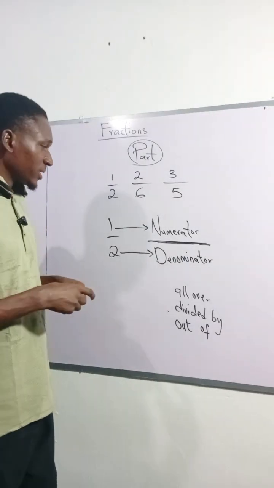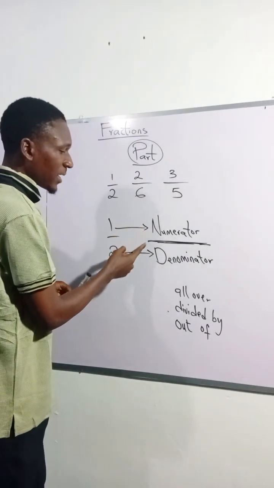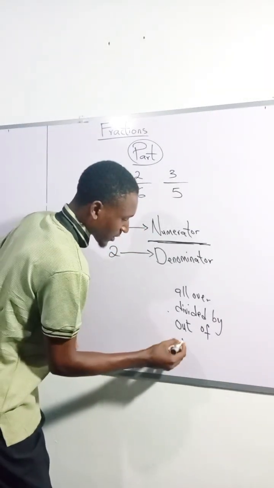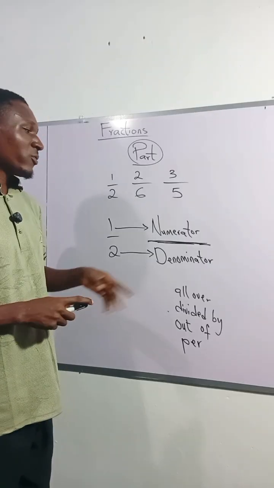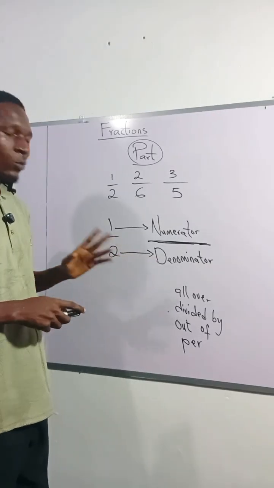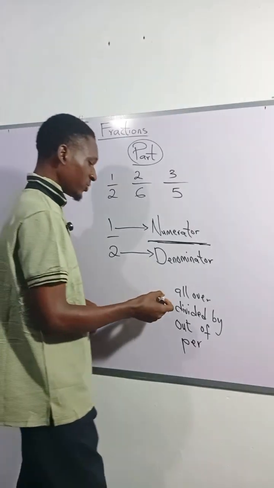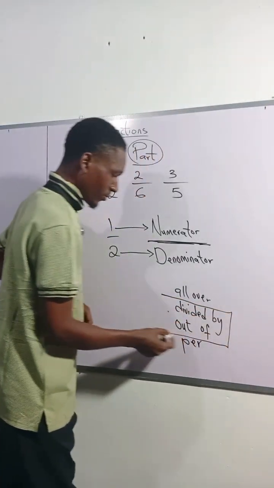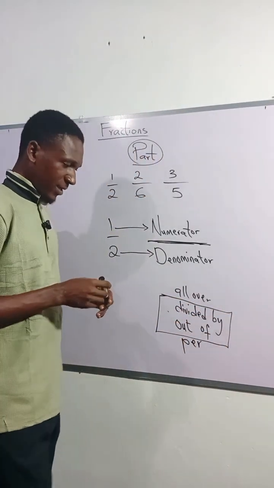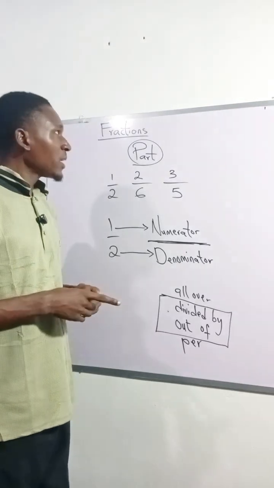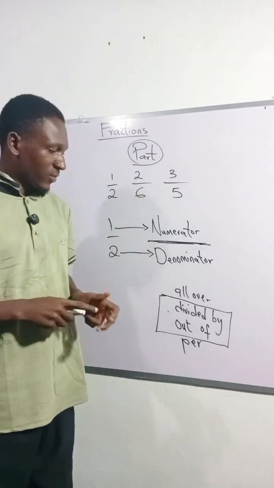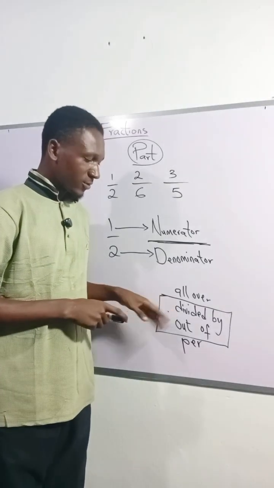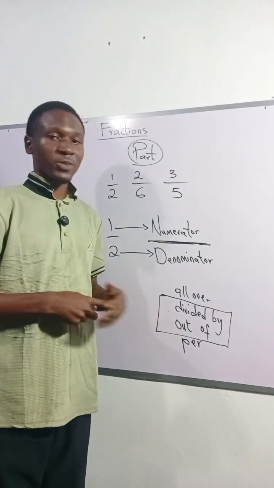You can also decide to say numerator per denominator, P-E-R. So out of all these, the ones we should be focusing on are these two: divided by and out of. If you really want to know what fractions are, we divide these things, or you say it's out of something.